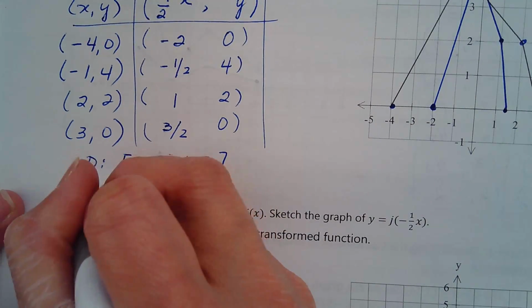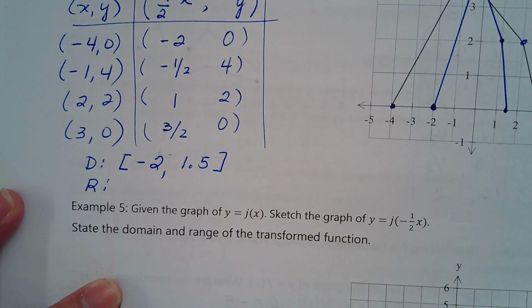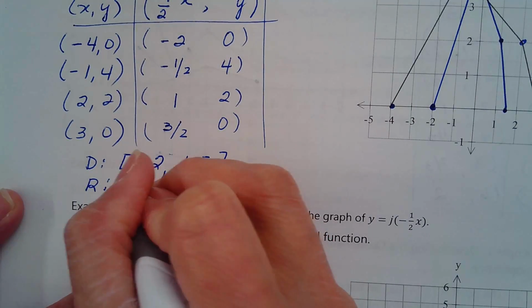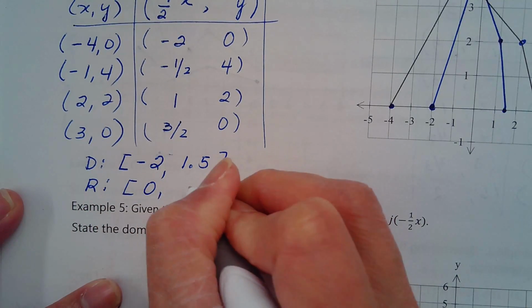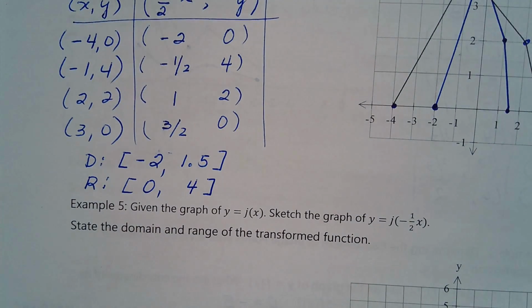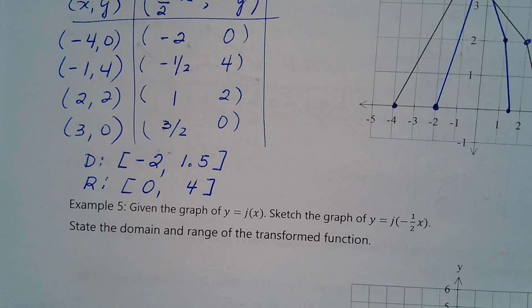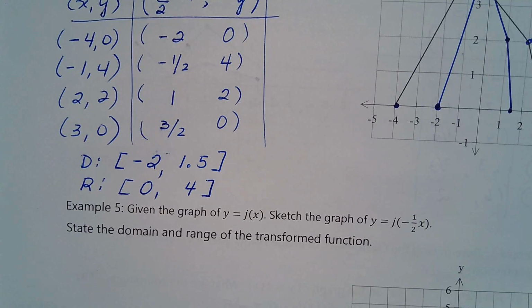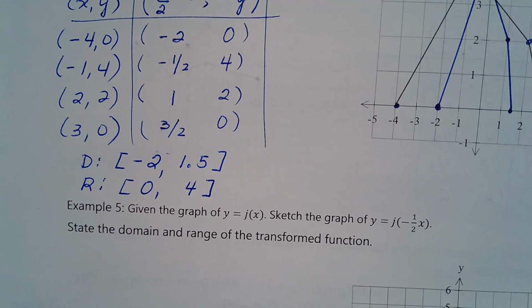What's the range? 0 to 4, including 0 and including 4, so we put square brackets on each end. Good.